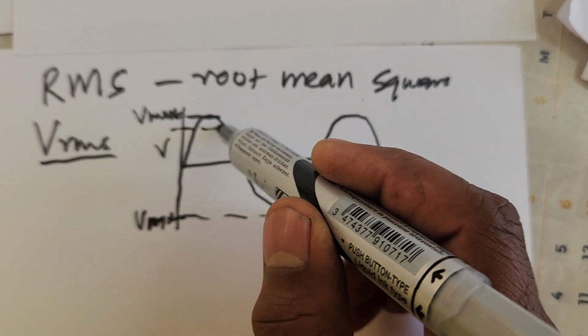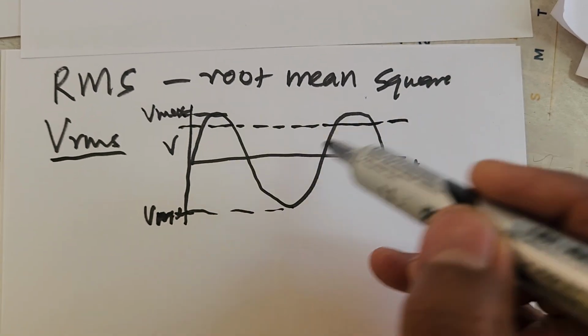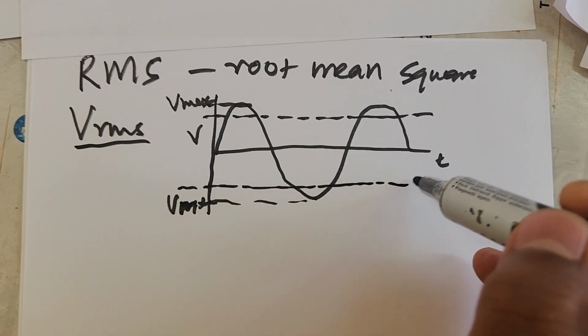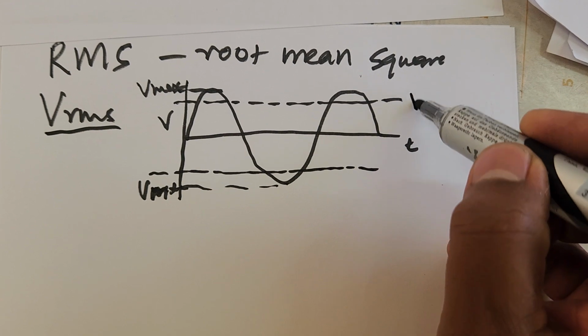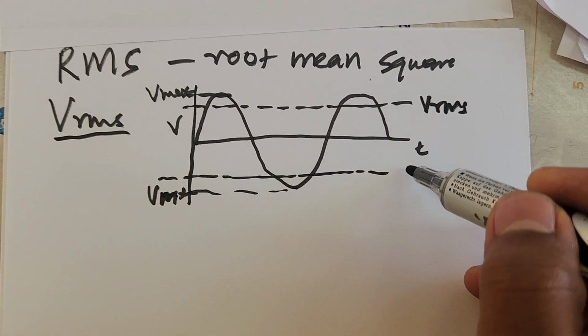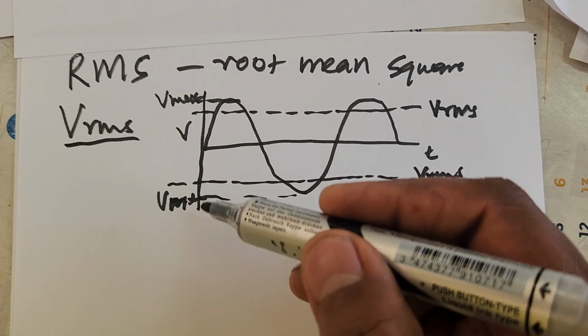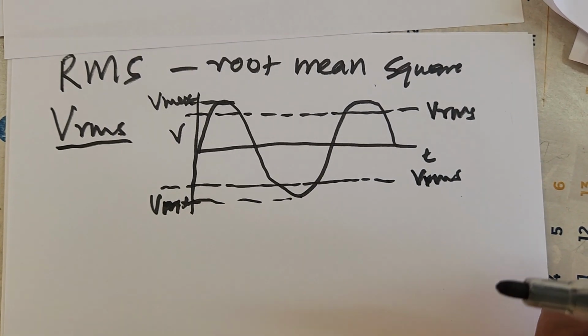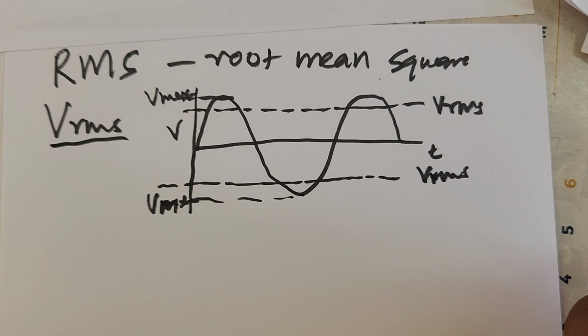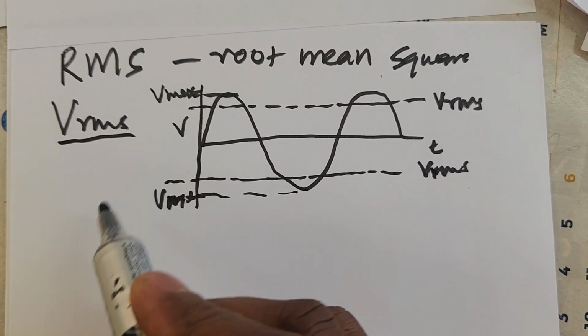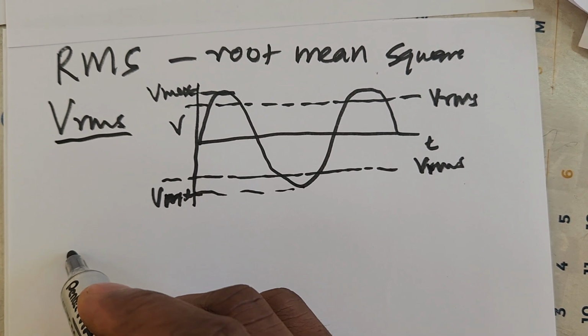Normally we use the value just below the Vmax. This will be my VRMS. With the VRMS I can calculate the maximum voltage, or with the maximum voltage I can calculate the VRMS.